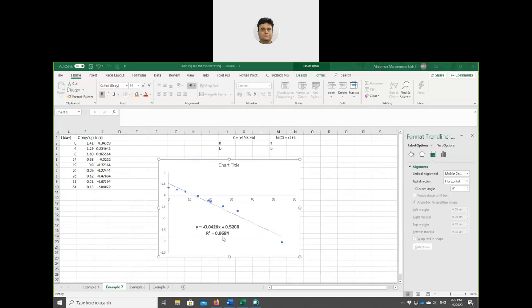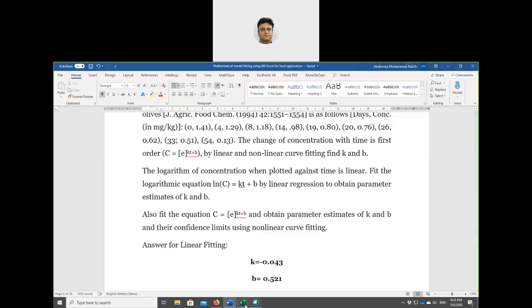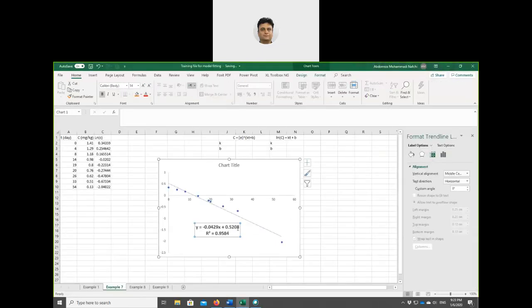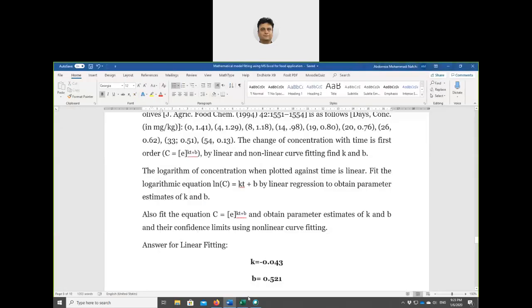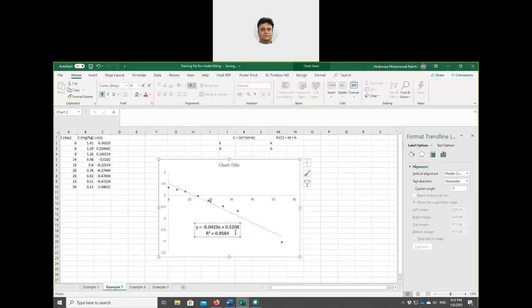If it's over 95, very good, and over 0.90 is almost acceptable. So here we have a line, and we found k and b, exactly the same as reported here.